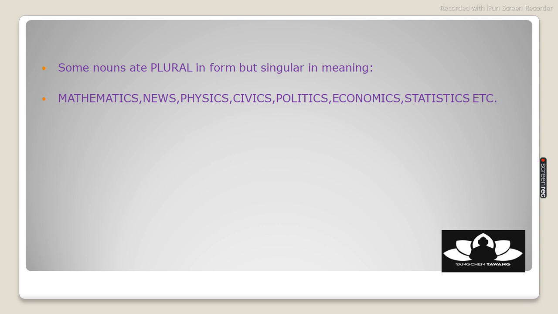New means something new, but news means the news which we get in newspapers or on TV. So mathematics, news, physics, civics, politics, economics, statistics sound plural, but are always singular in meaning.